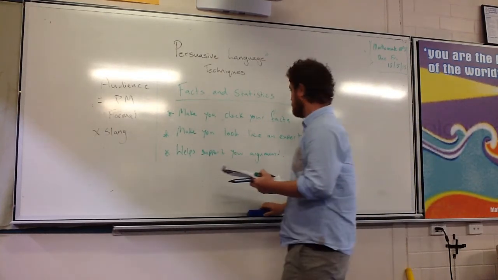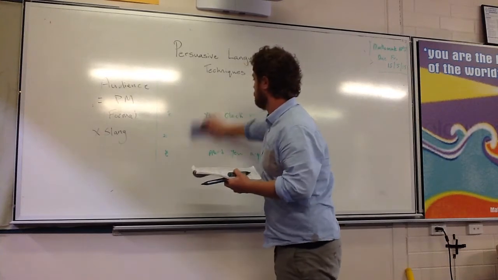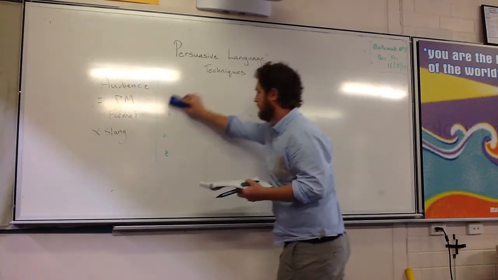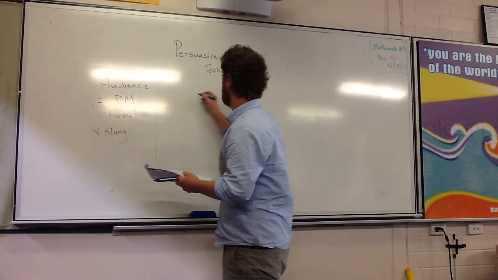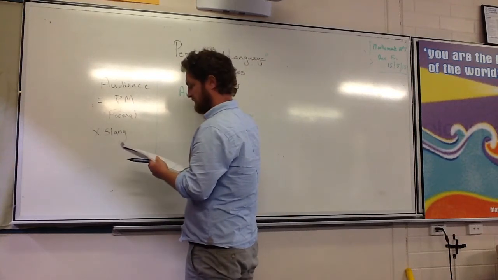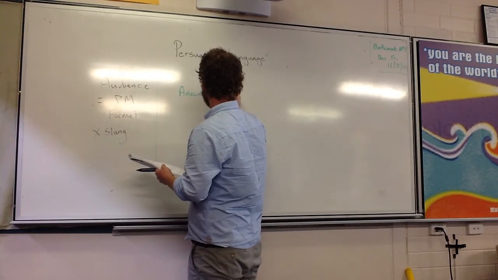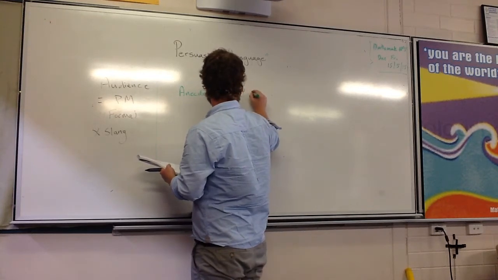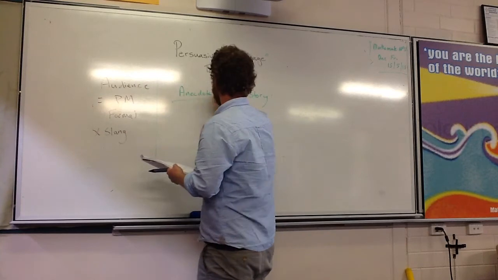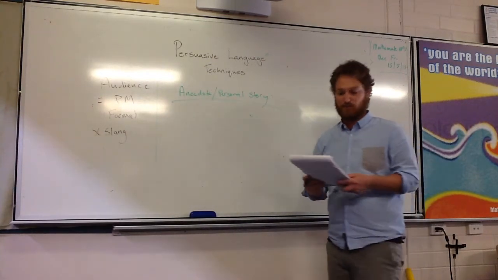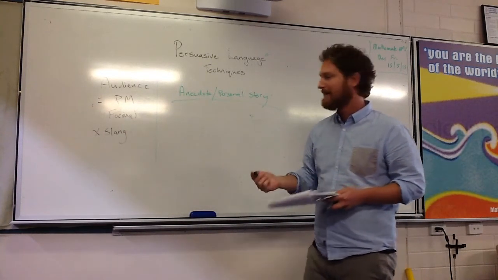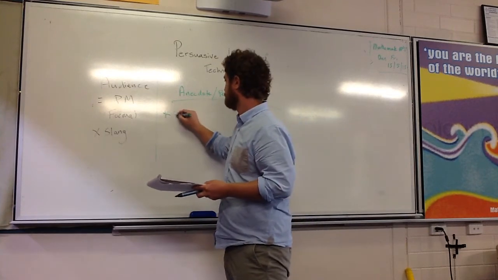Next one, which links to this a little bit, and it's great for these asylum seeker letters, is to use a personal story. Use an anecdote or a personal story. This makes it very personal for the reader.